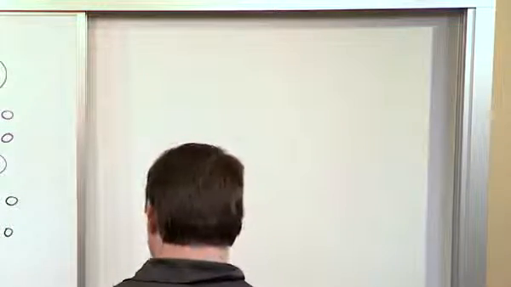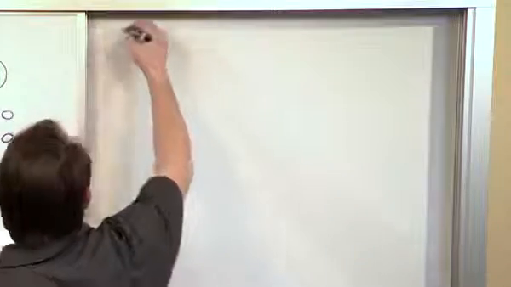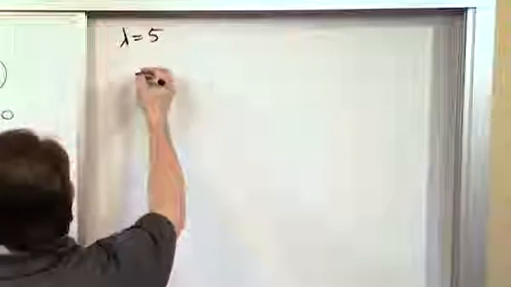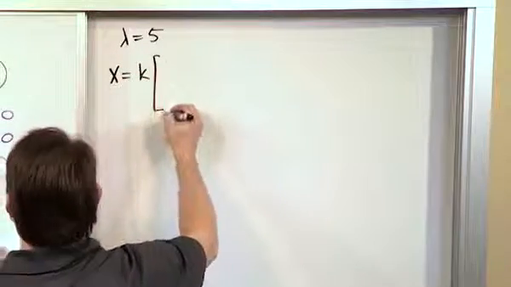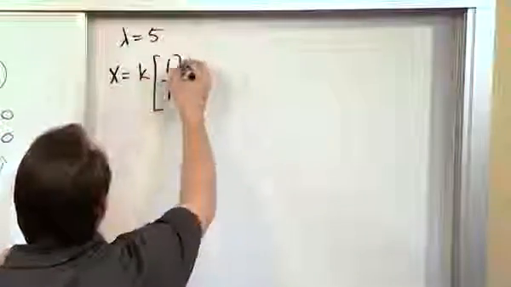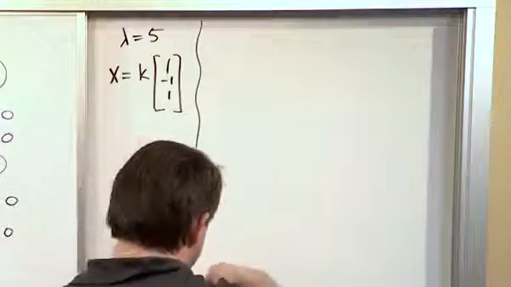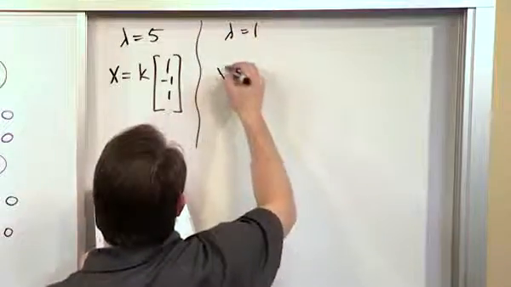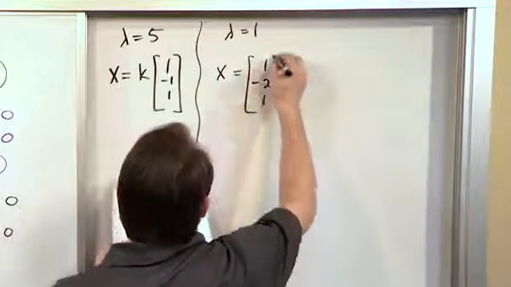What we know now is that when lambda is equal to 5, that's one of the eigenvalues, then the eigenvector x is equal to k, 1, negative 1, 1. That's the eigenvector. Then we also know that when the eigenvalue is equal to 1, then the eigenvector associated with that is k times 1, negative 2, 1.